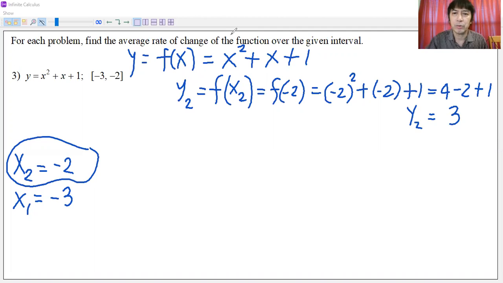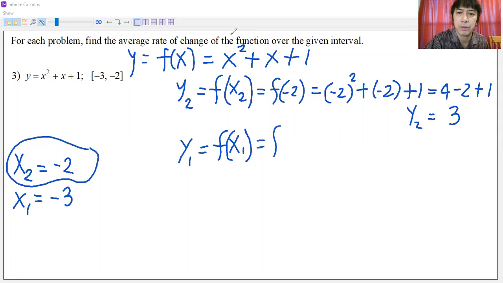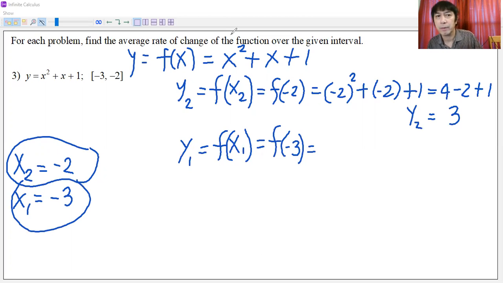We proceed with y1. y1 is f of x1, and our x1 is over here, which is -3. So f of -3. This time we use the given function such that all x will be replaced by -3.